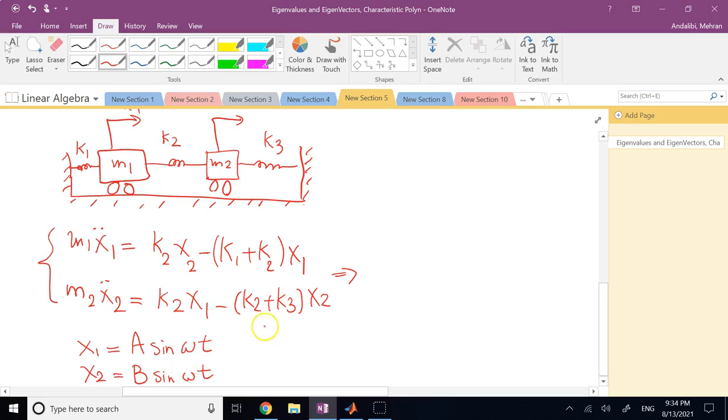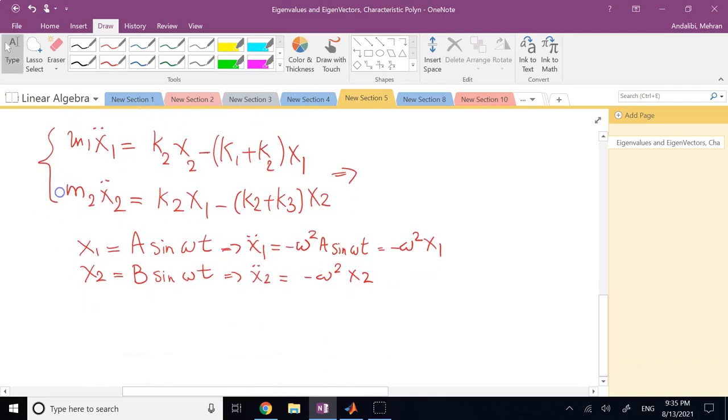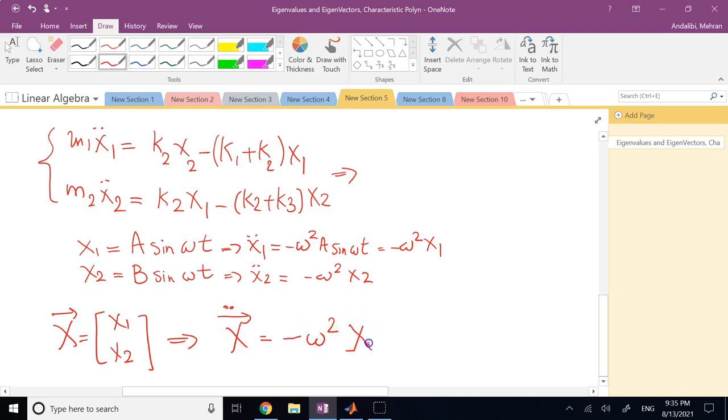If you plug them in, then x1 double dot is going to be negative omega squared a sine omega t, which is negative omega squared times x1. And you can show that x2 double dot is also negative omega squared x2. So if you form x1 and x2 into a vector x, then your vector acceleration x double dot is going to be negative omega squared times vector x.